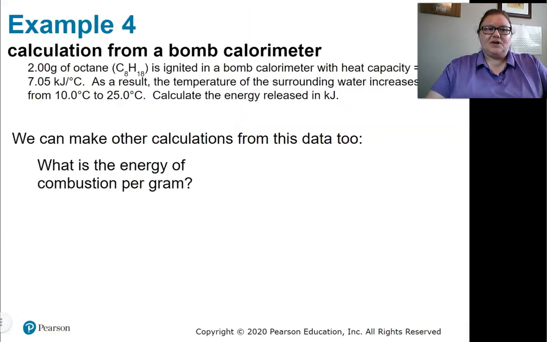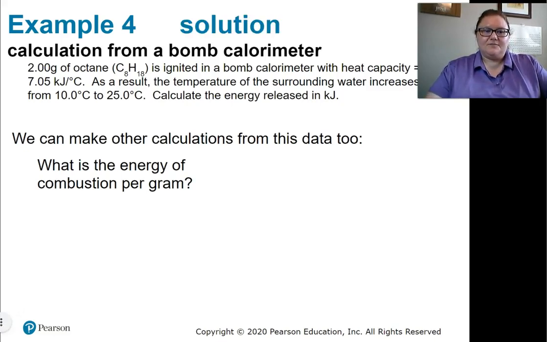Okay? Here we have a similar calculation, the same reaction as the previous slide, but we want to figure out the energy of combustion per gram. So now it says per gram. Now we can utilize the grams given here because they're asking us not about the reaction, they're asking us about that substance.